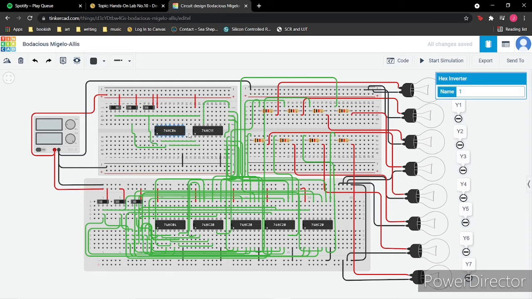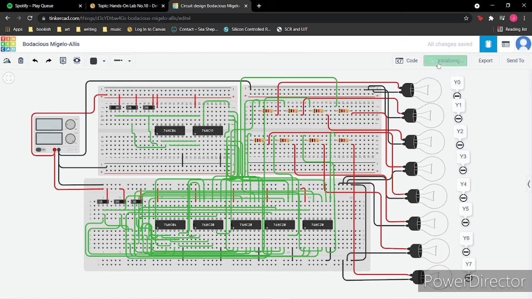I use the inverter, a triple AND gate, and 4 NAND gates. These NAND gates are 4-input, and each gate can power 2 light bulbs.